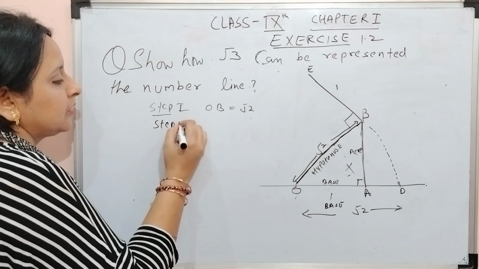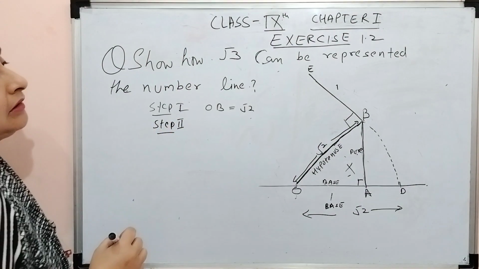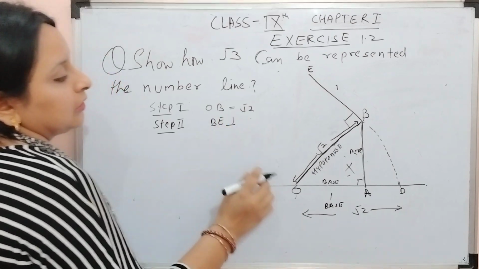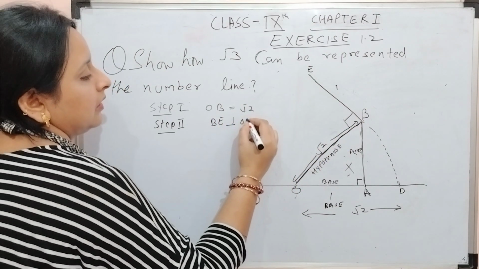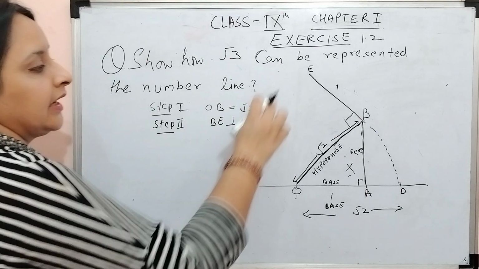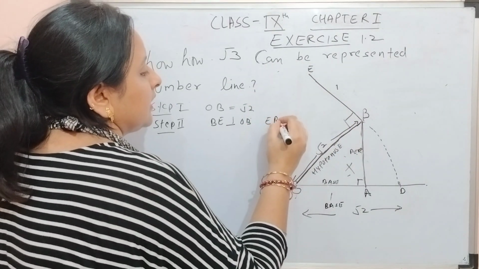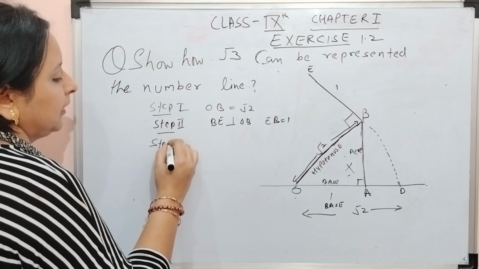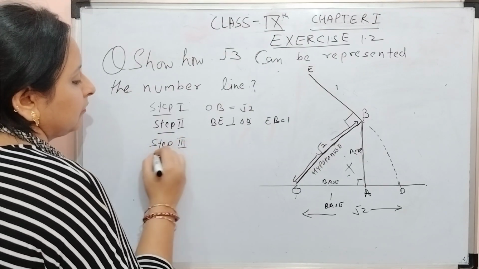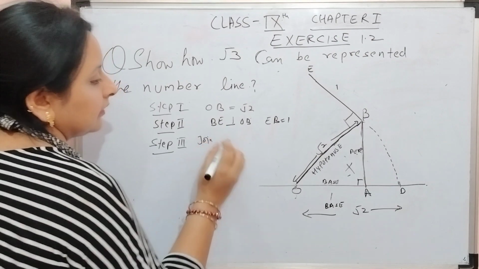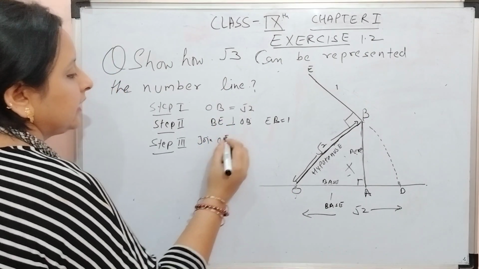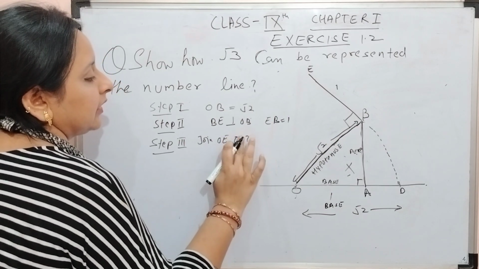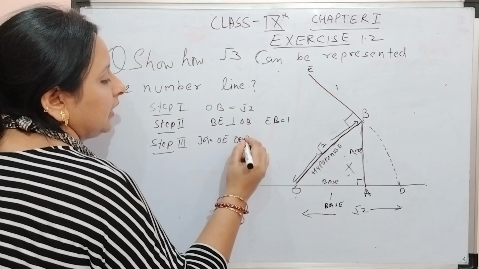In step number 2, we will draw BE perpendicular to line OB and we will take the value of EB equal to 1. In step number 3, we will join points O and E, and in this step we will calculate the value of OE.